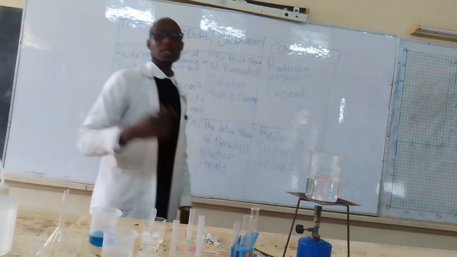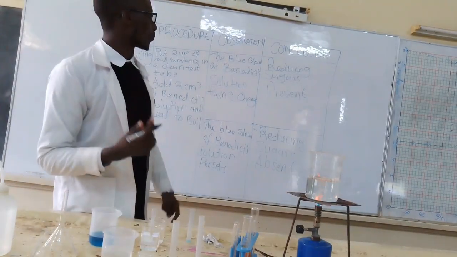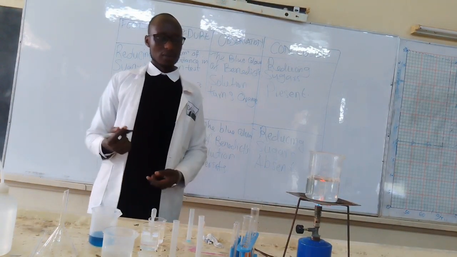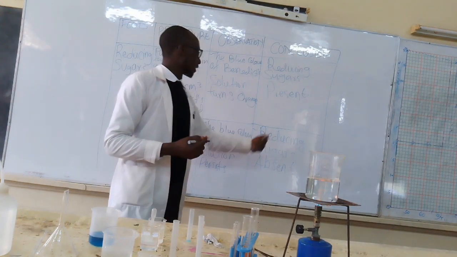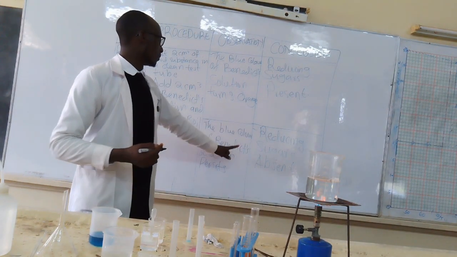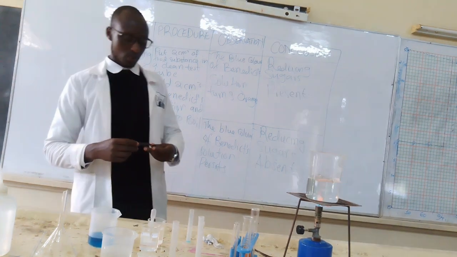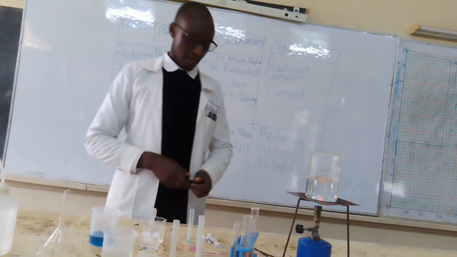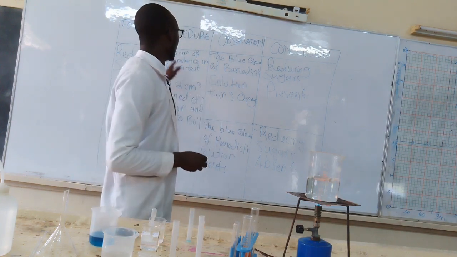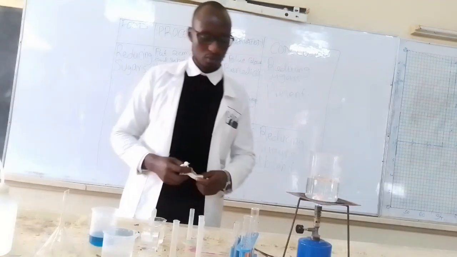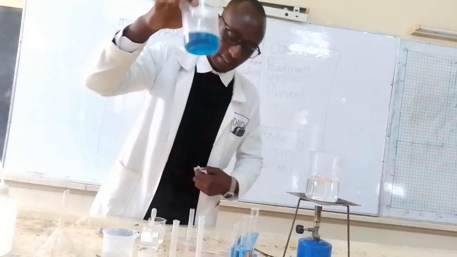If the color of Benedict solution does not change to what we saw, then the result is negative, and we say that reducing sugars are absent if the blue color of Benedict solution persists. So that is all concerning the test for reducing sugars, using our Benedict solution.